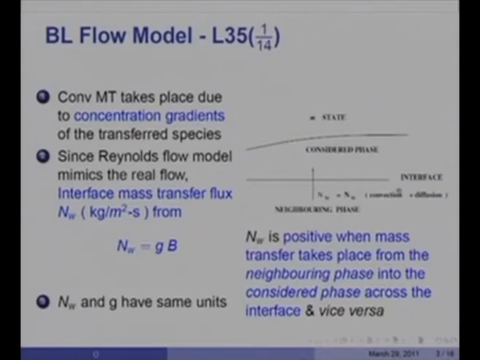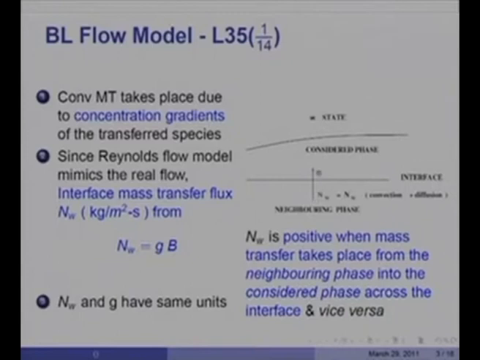Here is a surface and this is the considered phase and this is the neighboring phase, as you know. This is the interface, and in the considered phase there may be presence of chemical reactions, there may be presence of turbulence, concentration gradients, temperature gradients, and so on and so forth. Infinity state is one where all the gradients vanish.